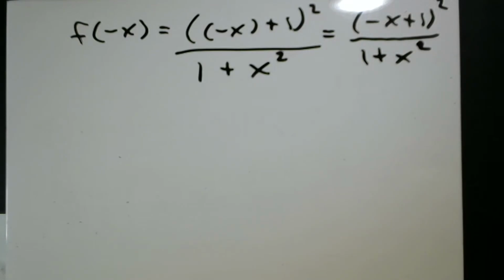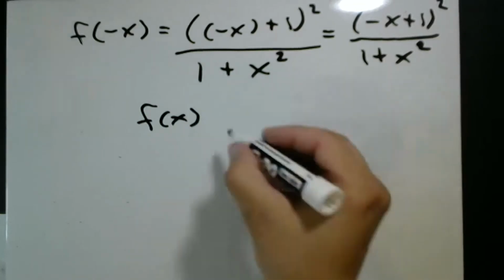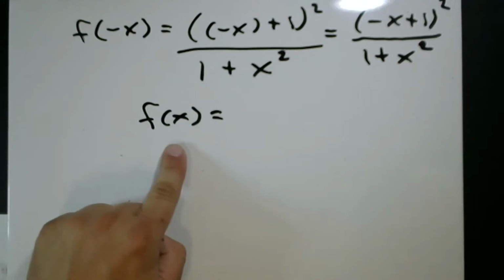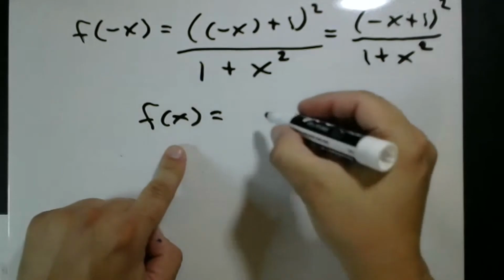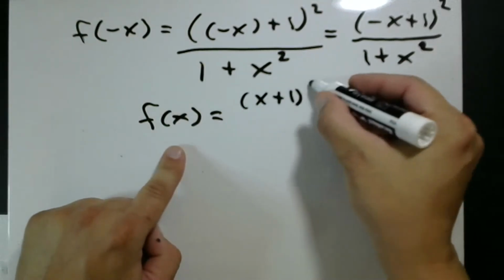So what does this tell us? Well, first off, for the original function f of x, if we plug in negative x and we just get f of x when we simplify, then this is symmetric across the y-axis.